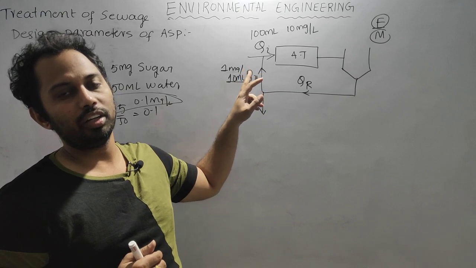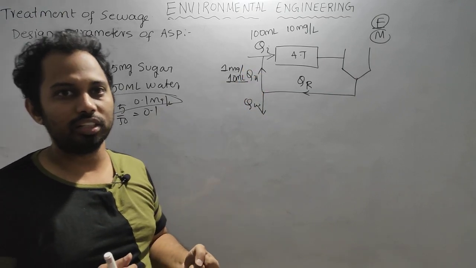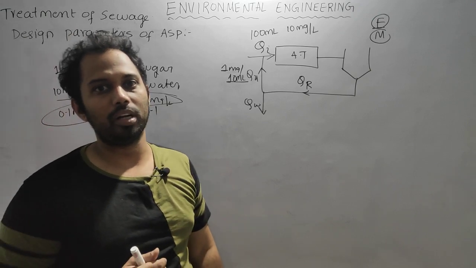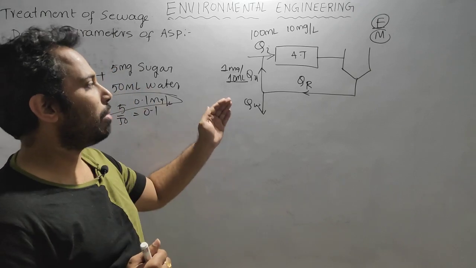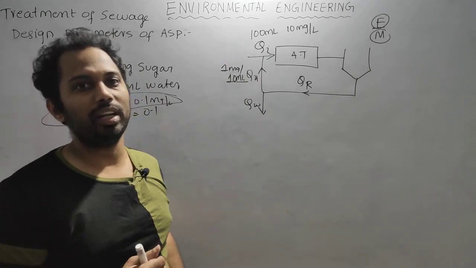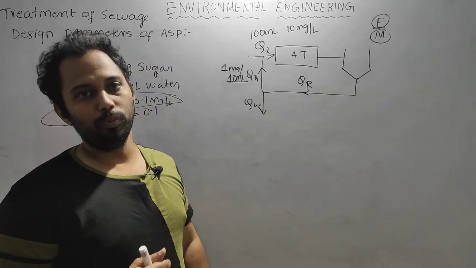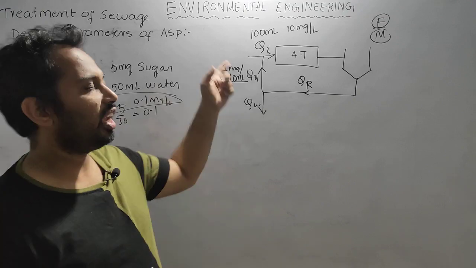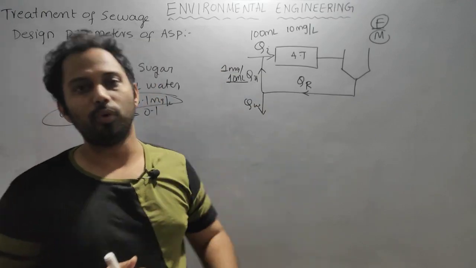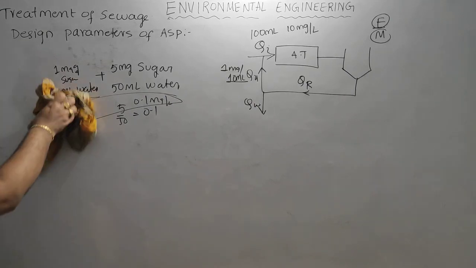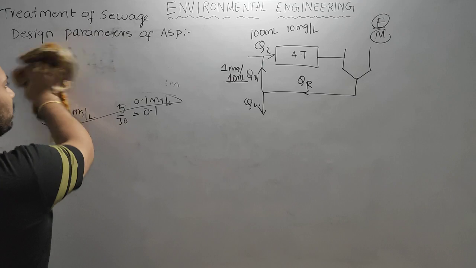How much activated sludge you need to send back into the aeration tank will be decided by this Qu, and this Qu is again decided by the sludge volume index. That is why the sludge volume index is a very, very important parameter for the activated sludge process.